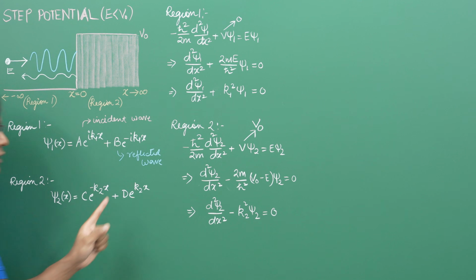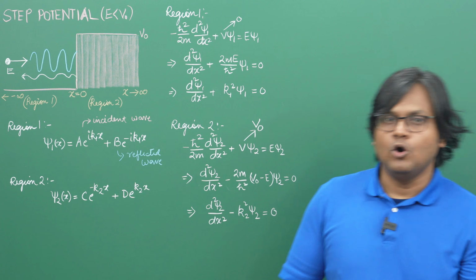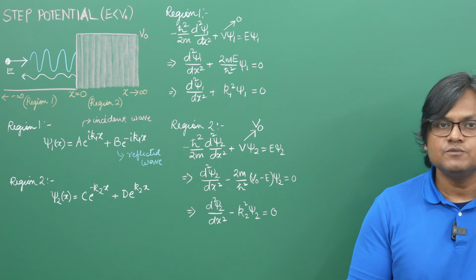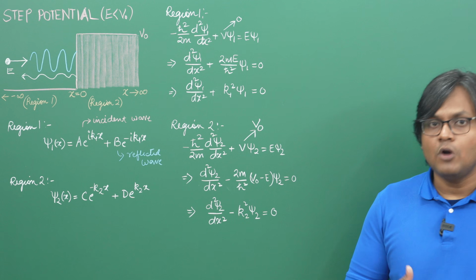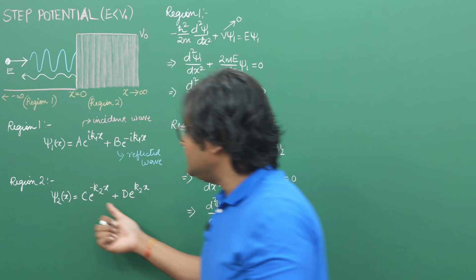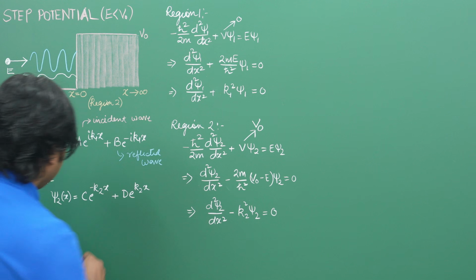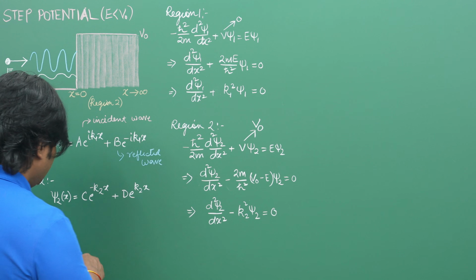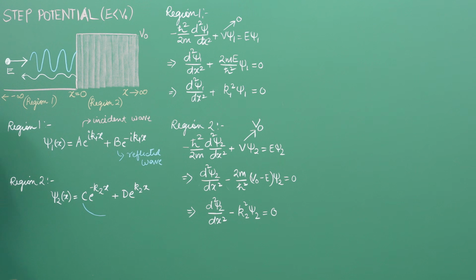However, we know that whenever we have solutions of the Schrodinger equation, it must make sense in the context of the system, and the wave function that we actually end up getting needs to satisfy certain properties. So for example, if we look at these two terms, the first term is an exponential decay term, right? And the second term is an exponential increase term.